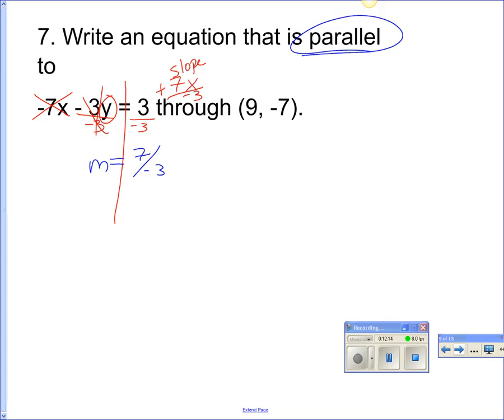James, what am I going to do from here? Into y equals mx plus b. Zach, what goes in for y? All right, what goes in for m? There you go. It's negative. And what goes in for x? Okay. All right, Zach, what do you do from here?